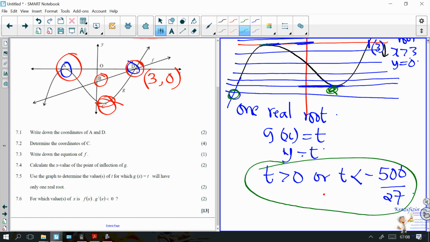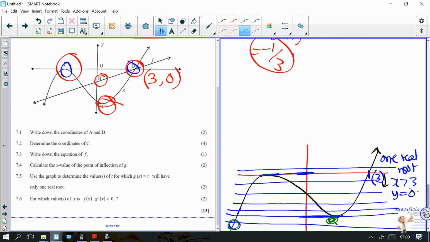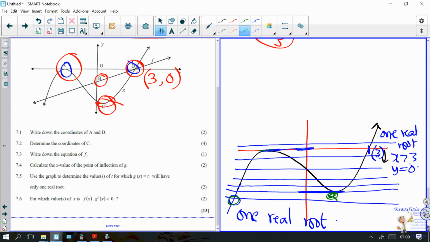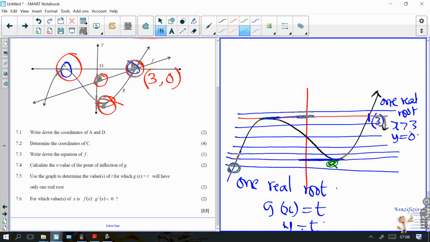All right, for which values of x is f of x times g prime of x less than 0? Let me write it here.